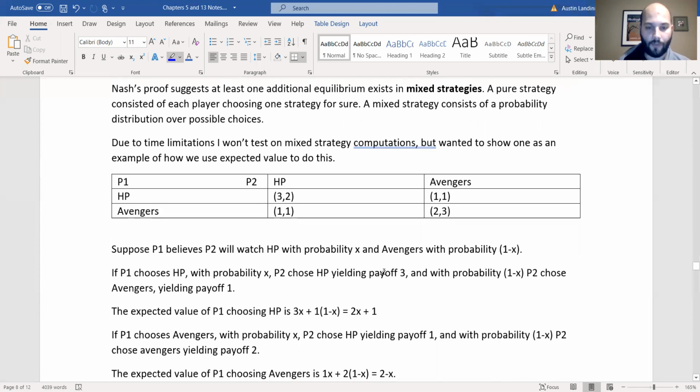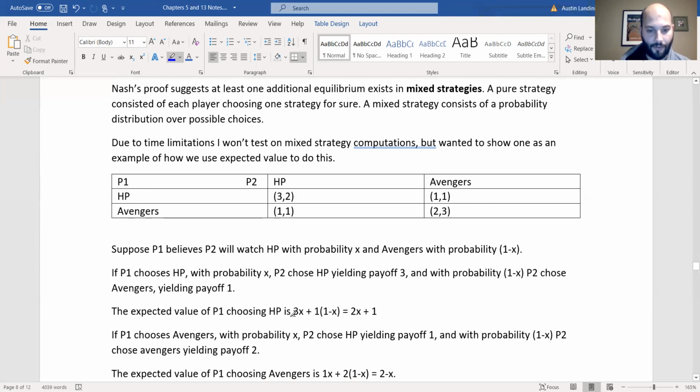All right, in this case, we would use an expected value calculation. Just briefly, for those who are interested, suppose player 2 is picking Harry Potter with probability X and Avengers with probability 1 minus X. What's the value of each of player 1's strategies? Well, if player 1 chooses Harry Potter, with probability X, player 2 also chose that, and player 1 would get a payout of 3.